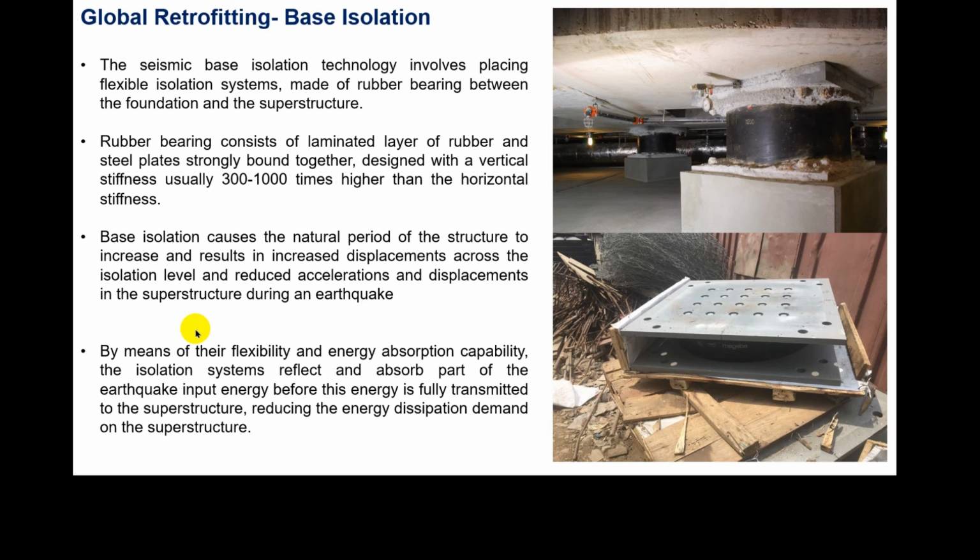By means of their flexibility and high energy absorption capacity, this isolation system reflects and absorbs part of the earthquake input energy before it is transmitted to the superstructure, reducing the energy dissipation demand of the superstructure.